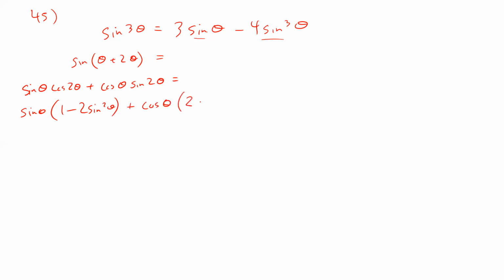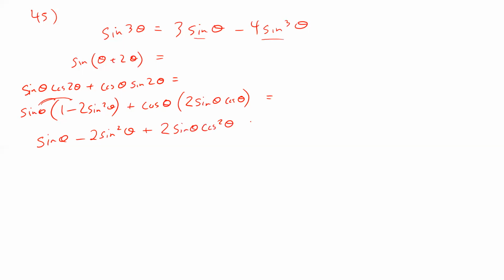And this is going to be 2 sine theta cosine theta. All right, let me distribute the sine theta in here. And this is going to be 2 sine theta cosine squared theta.